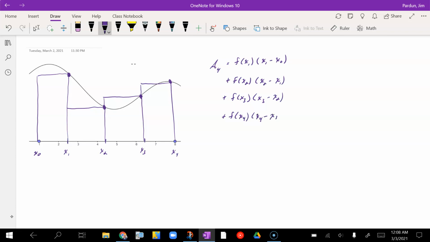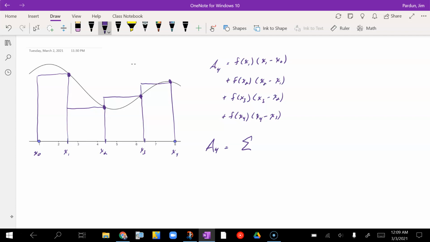x4 minus x3. Now, a more general way to write this, because that's a pain to have to write out, especially if I have 5, 6, or 7 rectangles, I can use, let's go back to your days of pre-calculus, summation notation. But I'm going to let i represent an arbitrary variable here. So I'm going to say x sub i instead of x sub 1, x sub 2, x sub 3, x sub 4.